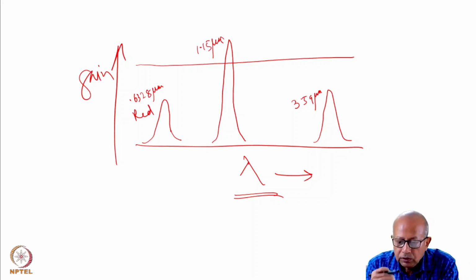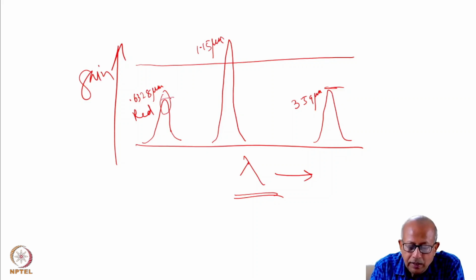Now, for such a loss, you can clearly see that there cannot be any amplification of light at the red wavelength or at this infrared wavelength because the gain is much less than the loss. Loss is so much more than the gain.